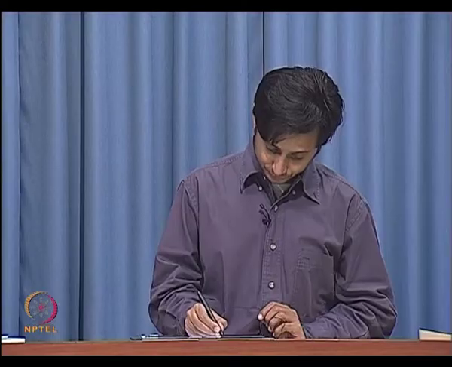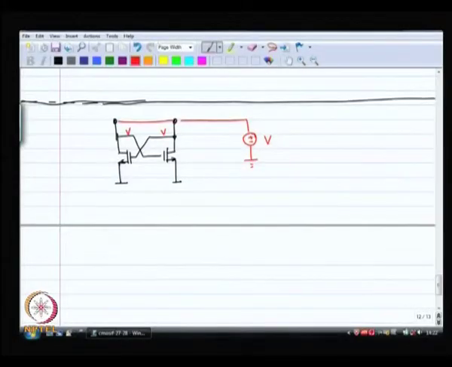So, this voltage is V over here, this is V over here, this is also V and this is also V. Okay. And when you replace the transistor with its small signal equivalent model, it is easy to reduce this whole circuit into just this.